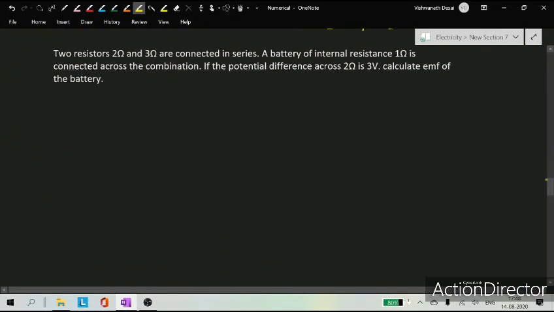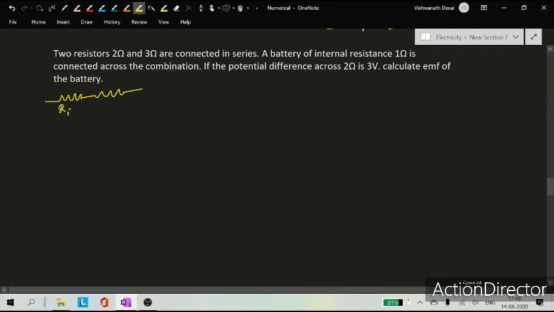Okay. The next problem, they have given two resistors, 2 ohm and 3 ohm, connected in series. So first you need to draw the circuit. So the circuit I have, this is one resistor and one more resistor. Both are connected in series.